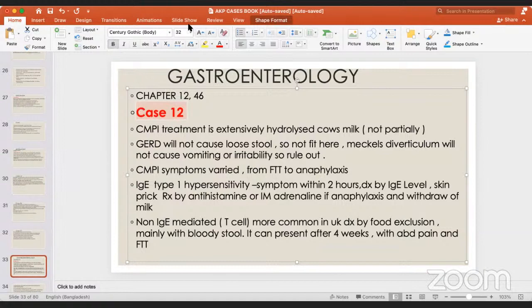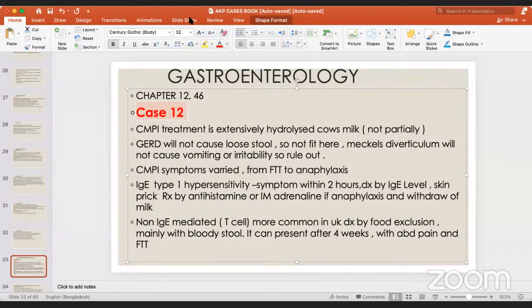They are very neat and clean. They do not mix up with the environment much. So their capacity of growing allergy is more. They have more allergic disease in comparison to poor countries like Bangladesh. So cow's milk protein allergy is 2 types.